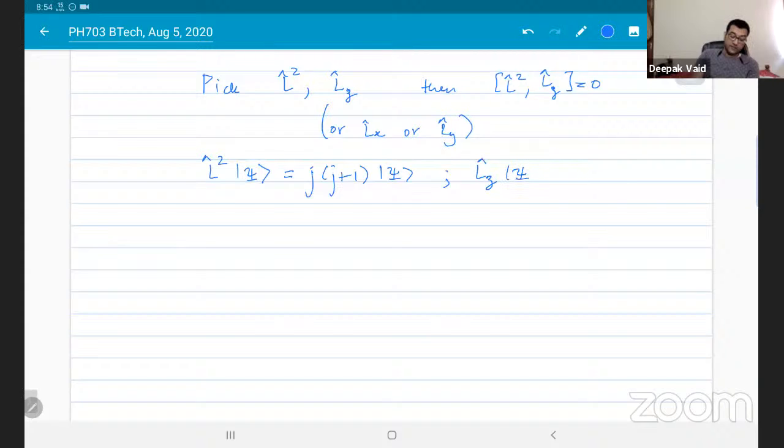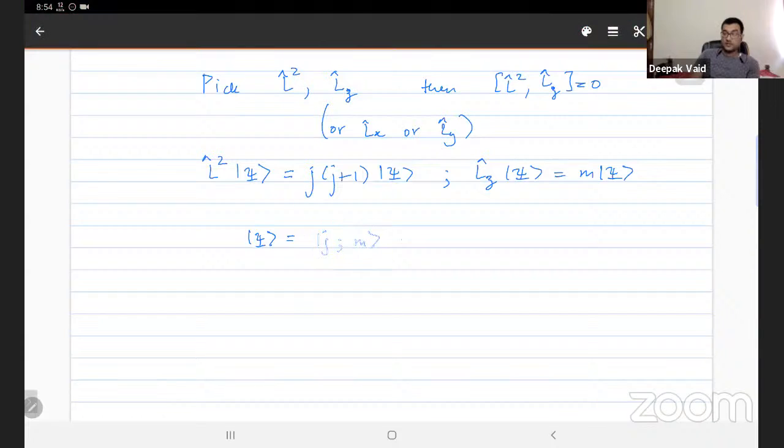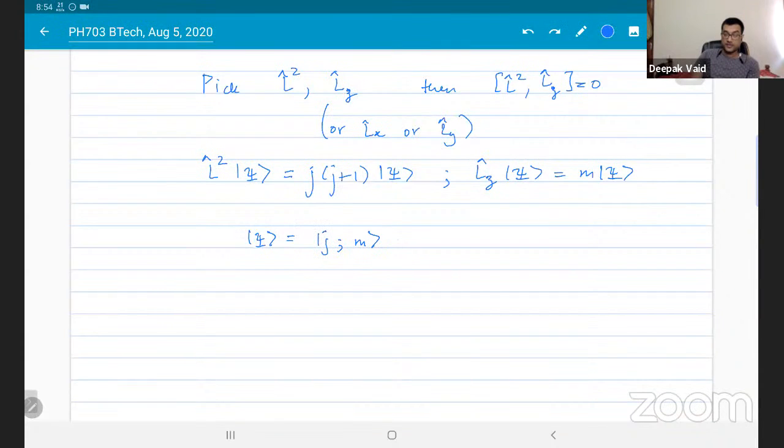And then the eigenvalue of Lz on this same state is M. So we can write down this state and label it using these eigenvalues. A given state of the system can be labeled using an eigenvalue of L square and Lz.